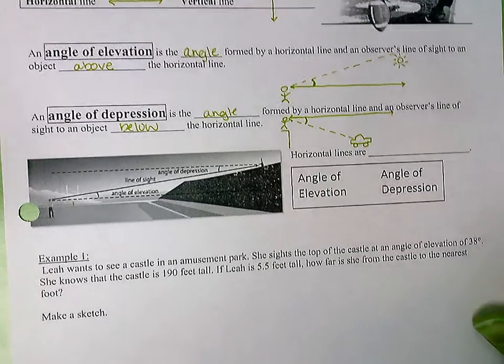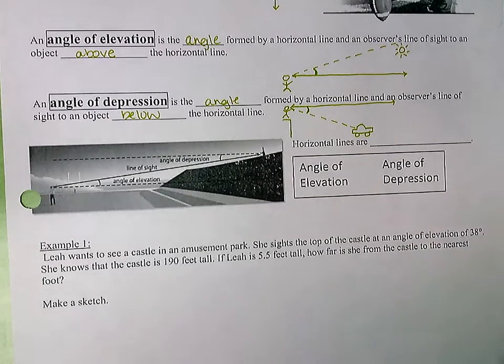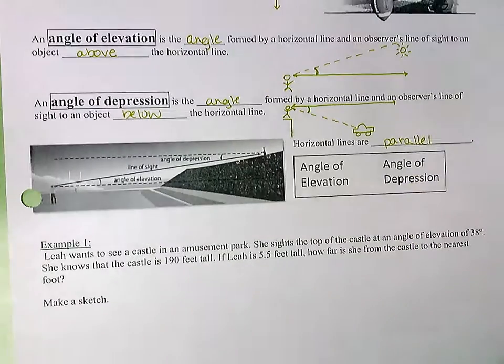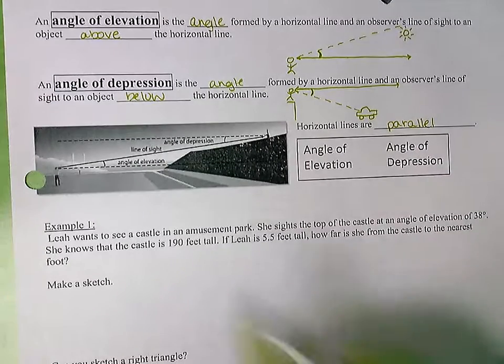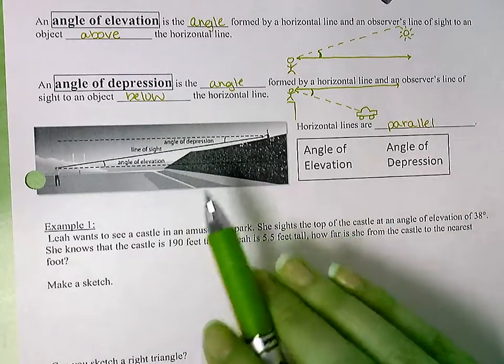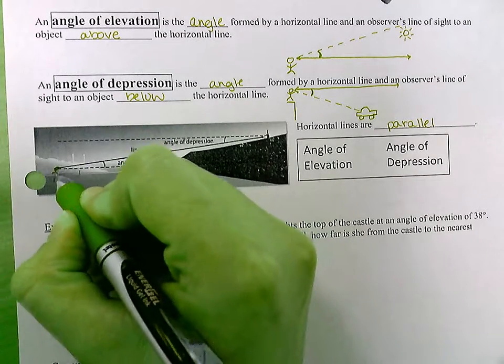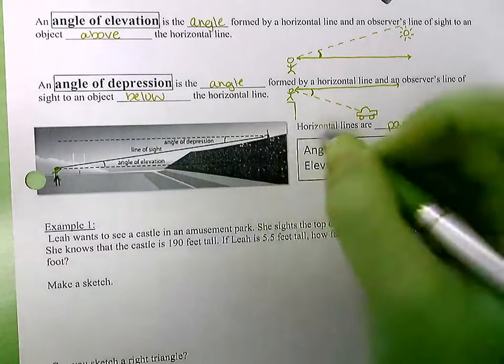All of your horizontal lines are parallel to each other, meaning they're never going to intersect. Any horizontal line you have is going to be parallel to the next one. If you look at that picture, there's a person standing down here and a person standing up here.